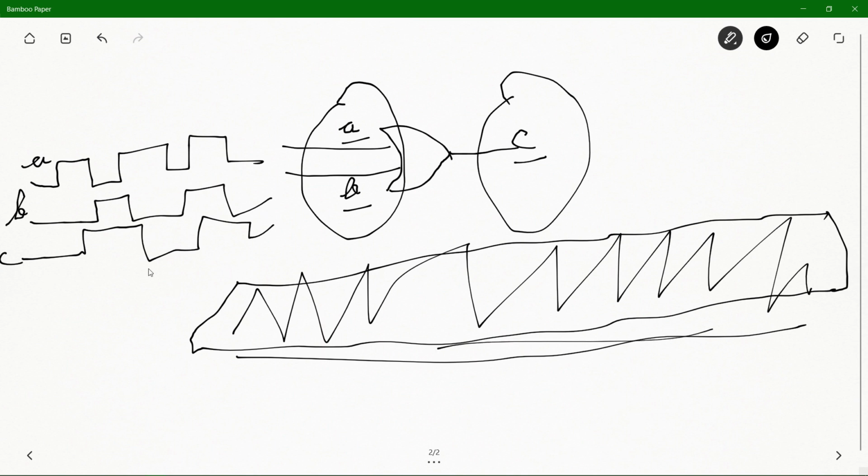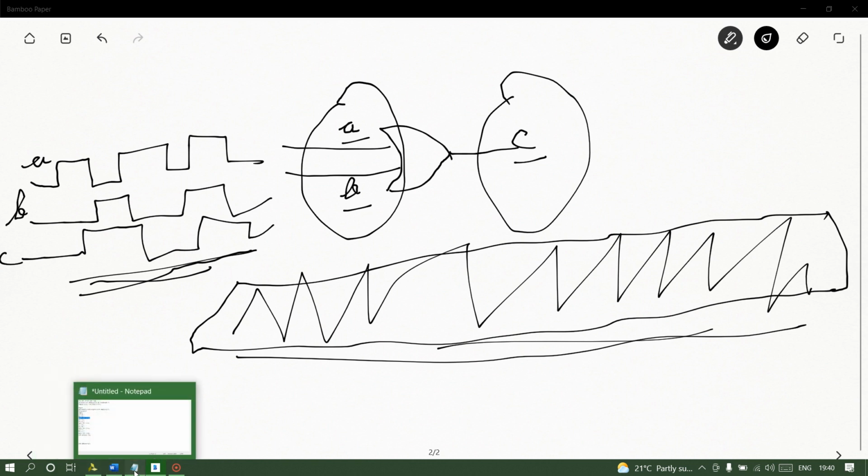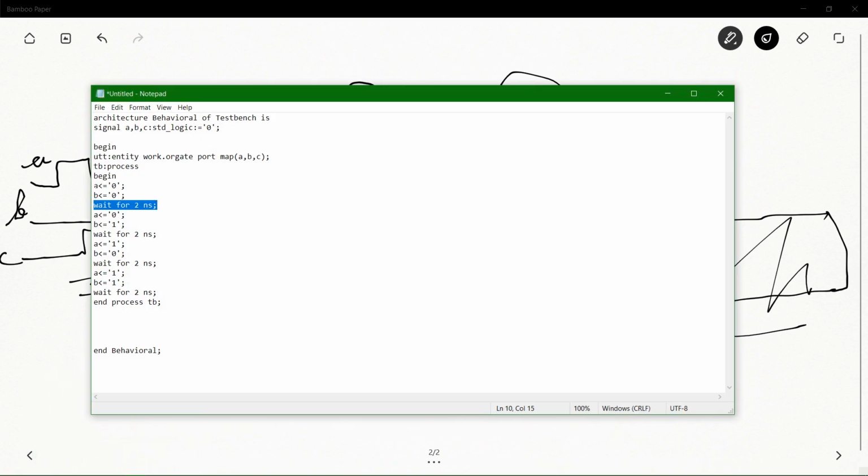This sort of wave or this sort of wave? For me and for other programmers, this is the easiest way to understand. So that's why I am putting a delay of 2 nanoseconds after the first input is taken, or the first input is read by my compiler.